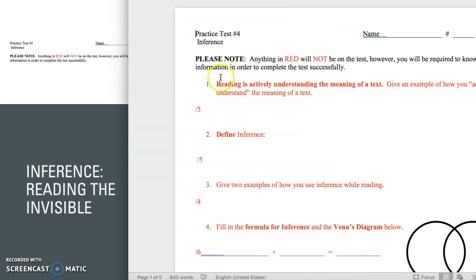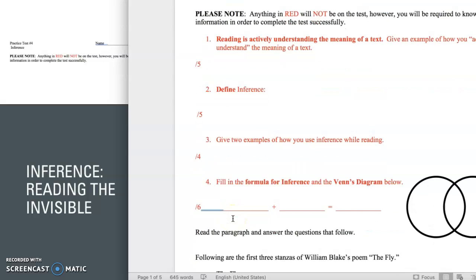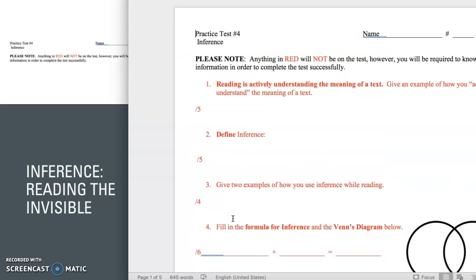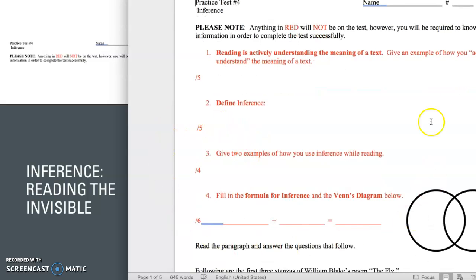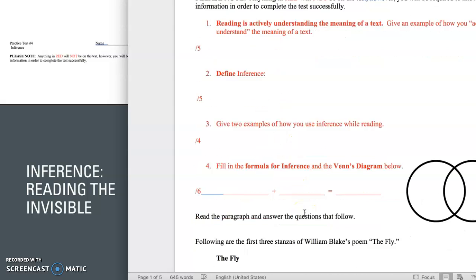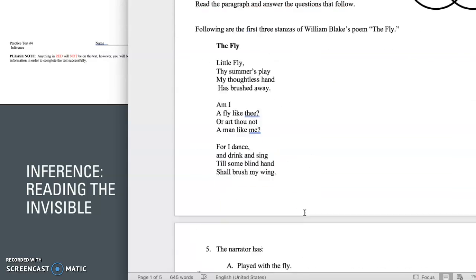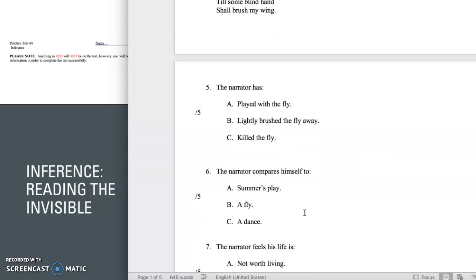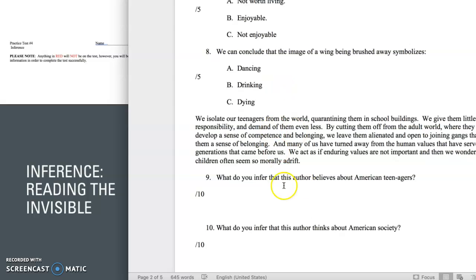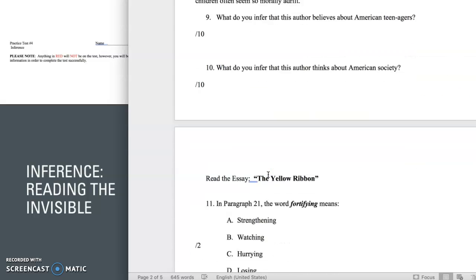And again, please note anything in red won't be on the actual test, but you are going to be using these ideas on the test. So it's a good idea to just do this part of the practice test anyway. And then the rest of the practice test is here. And remember, there's a poem that you're going to be doing. And then we have a little paragraph that you're going to be doing.